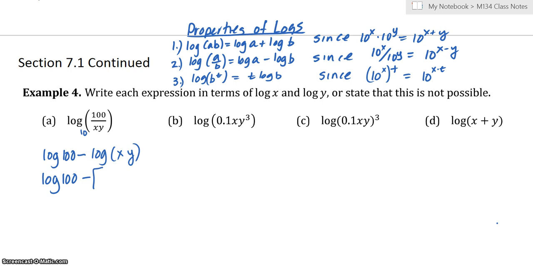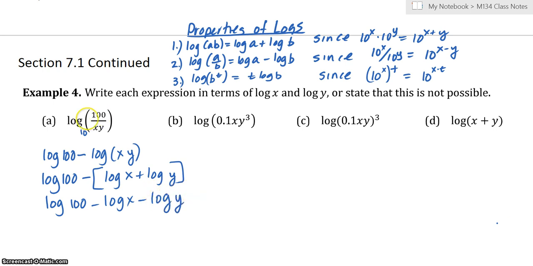I can use this as log of x plus log of y, but I have to make sure I put this in parentheses here. So it turns out to be log of 100 minus log of x minus log of y. Interesting. This is on the numerator. It's a plus. These are on the denominator. They're minuses.